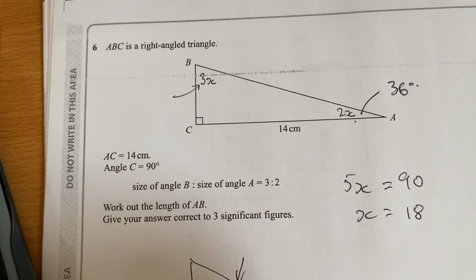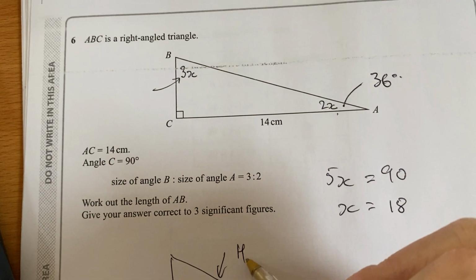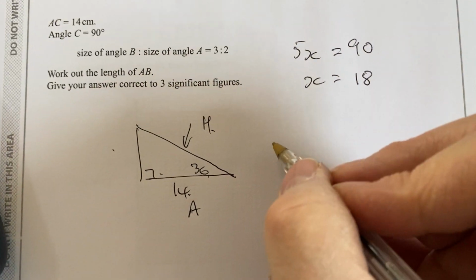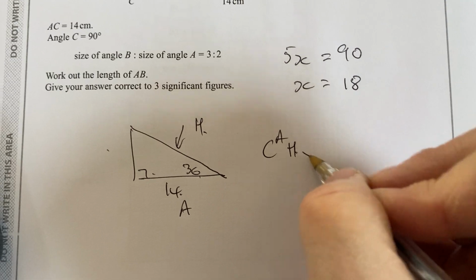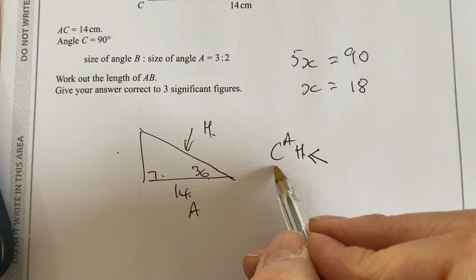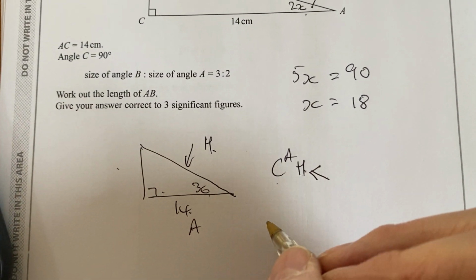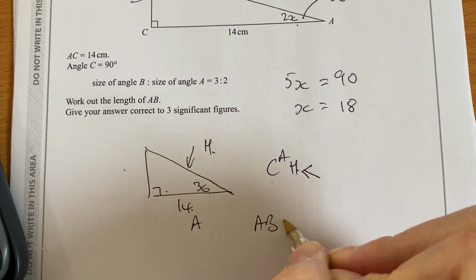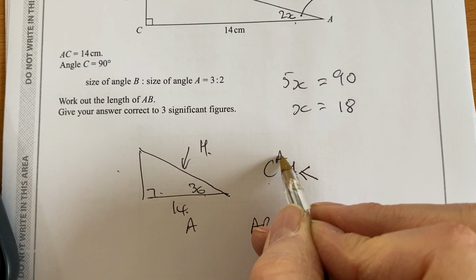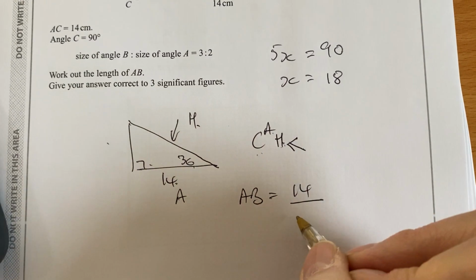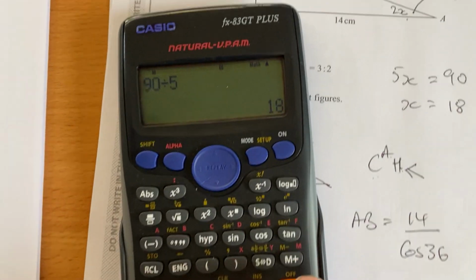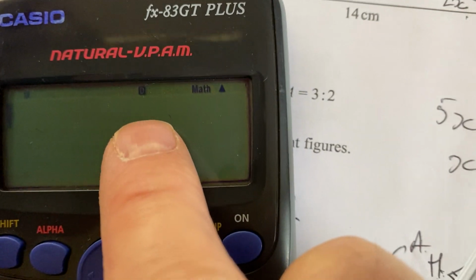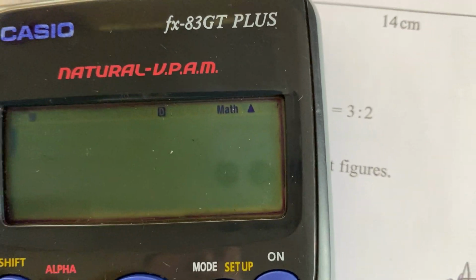Now that's opposite, that's adjacent, so that must be hypotenuse. And therefore we're thinking, aren't we, SOHCAHTOA. And I want the hypotenuse, because I've got the adjacent and the angle. So the hypotenuse, in this case, is called length AB. Length AB is going to be 14 divided by cosine 36. Now I've got to make sure that my calculator is in degree mode, and there it is, you can see the degree, so I'm okay.